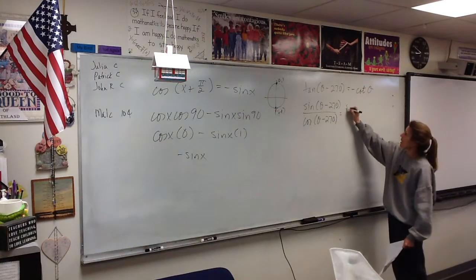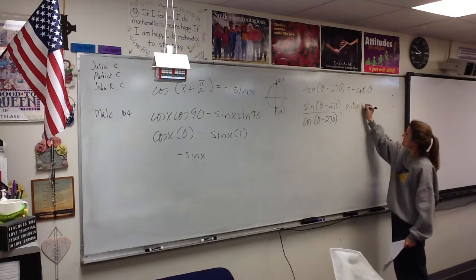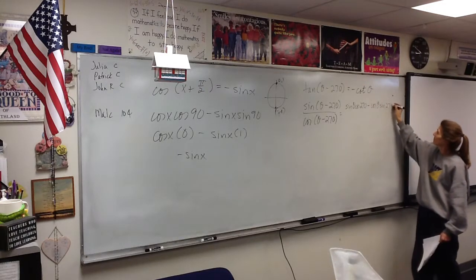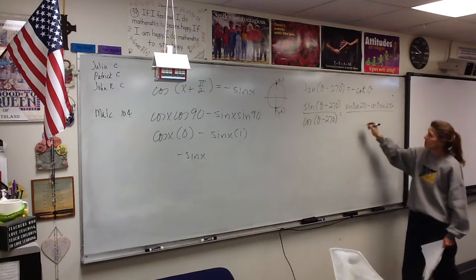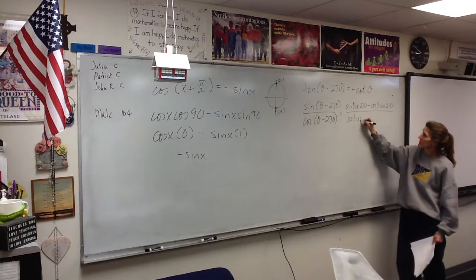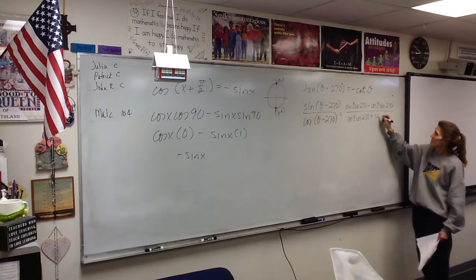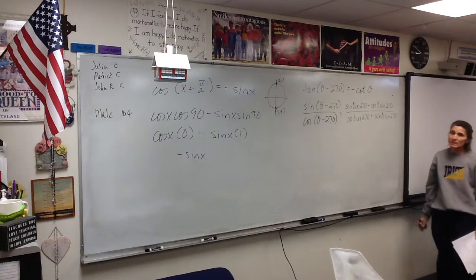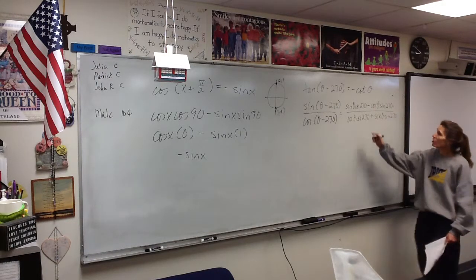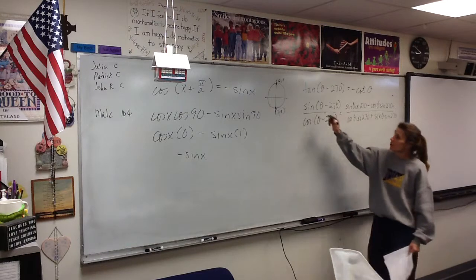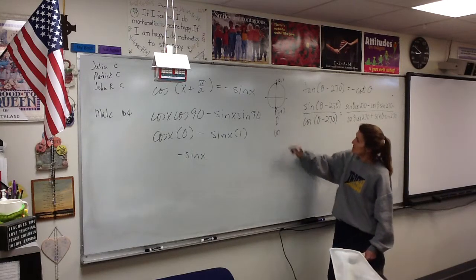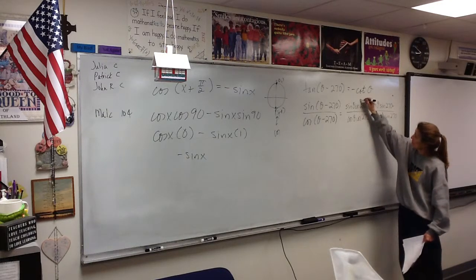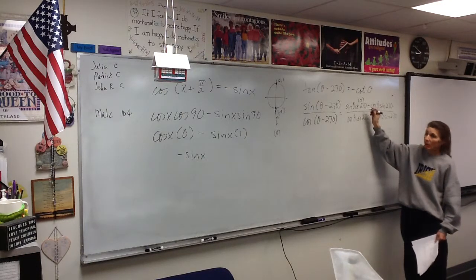So here we go, on top. Sine first, cosine second, minus cosine first, sine second. On the bottom, cosine first, cosine second, plus sine first, sine second. Here we go. Every time we see a cosine 270, we're going to plug in 0. So I'm going to put a 0 right here. That's 0.